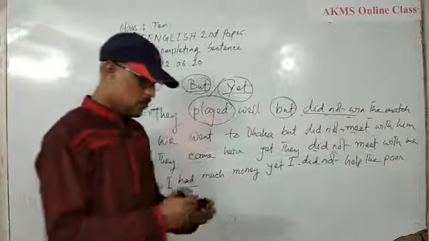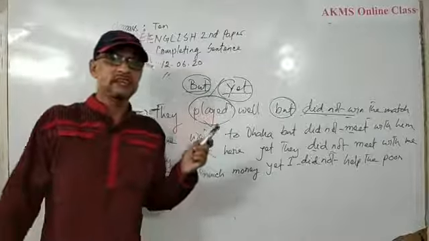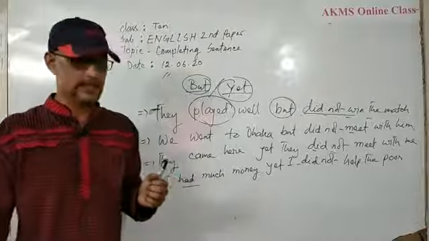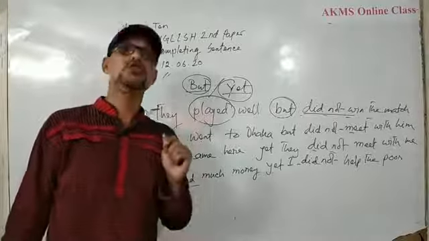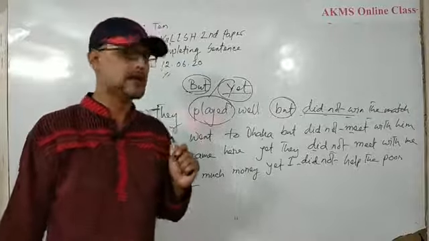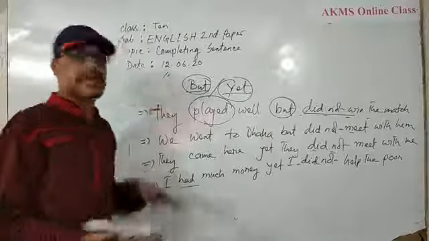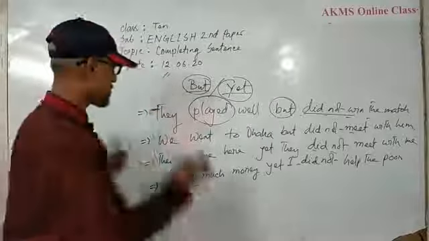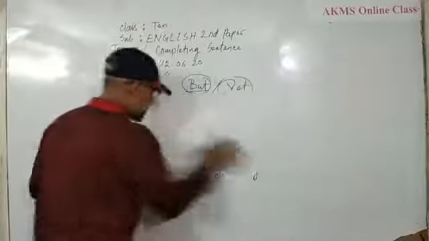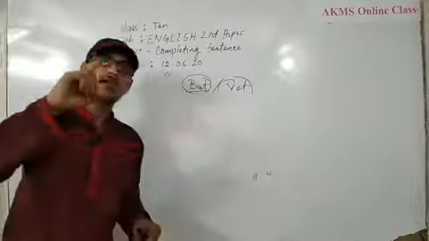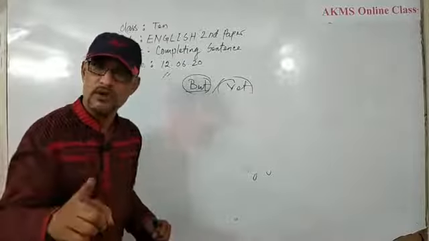Okay? Now, dears, if you want to make it a simple sentence, you cannot use any kind of conjunction. You should use a linker. What type of linker will be used to make this sentence into a simple sentence? A simple sentence has one clause only. That means one subject, one finite verb, and one object.